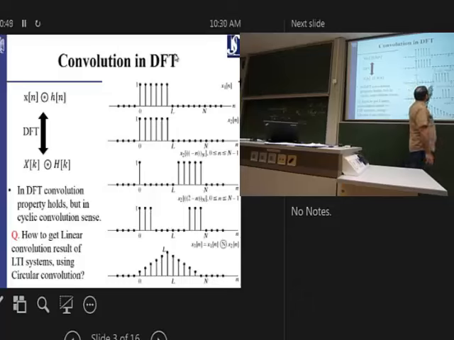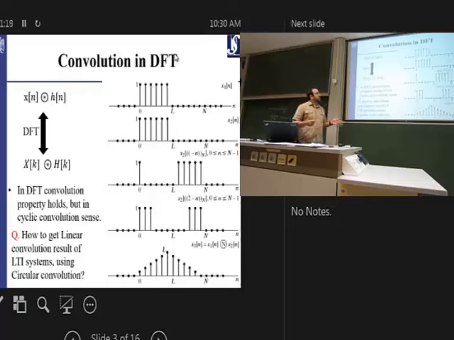The period is n, so the signal is periodic with period n, but the active taps are from 0 to n minus 1. And we have x2 of n in exactly the same way. Now what we're trying to do is to convolve x1 with x2 using n taps, so convolving with n coefficients.